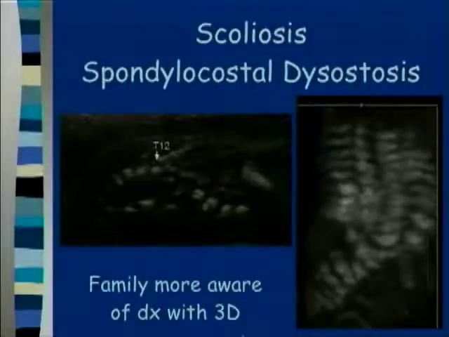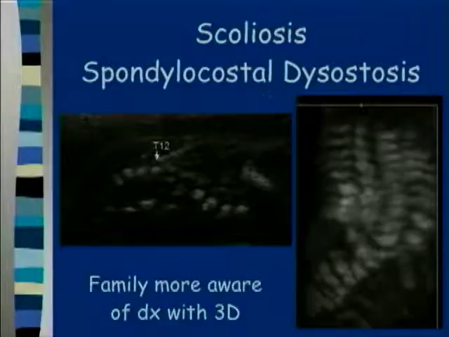Now this is a patient that had scoliosis, and she came as a referral, second opinion, for scoliosis, and you can see that 2D shows the scoliosis, and the family had already been told that. But when we did the 3D rendering, they could really tell the angulation of that spine, and it was no longer a scoliosis that was just a little bit of a curvature of the spine, but the family all of a sudden realized how much of a deformity this was going to be.